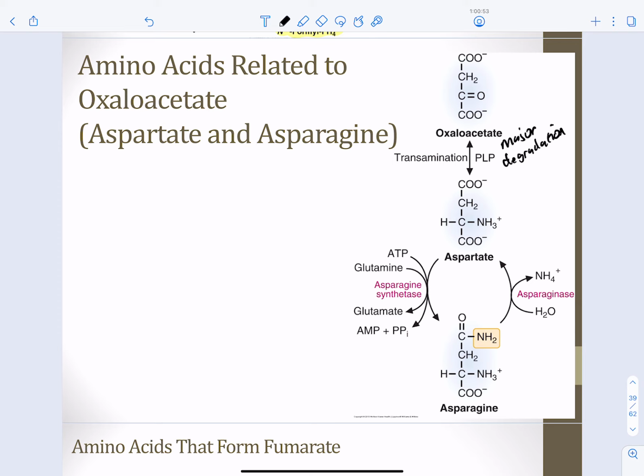Aspartate, of course, can then go to asparagine, and this is through asparagine synthase. And then asparagine can go back to aspartate through asparaginase. And so again, this is a case where you have two different enzymes. One is for the synthesis of asparagine, and then one is for the degradation of asparagine.